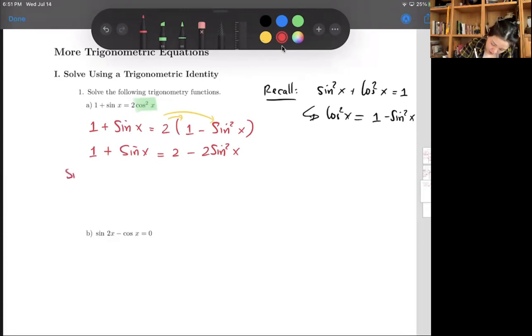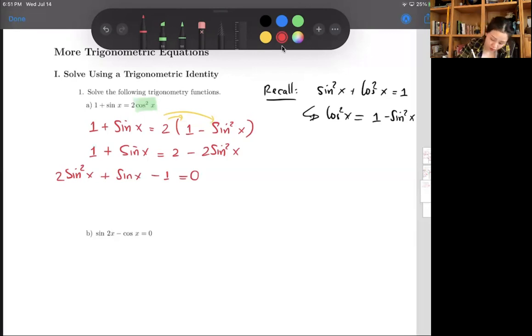So I have 2 sine squared x, and rearrange it in descending order: 2 sine squared x plus sine x minus 1 equals 0. Negative 2 plus 1 is minus 1. Now I see it's quadratic in form.